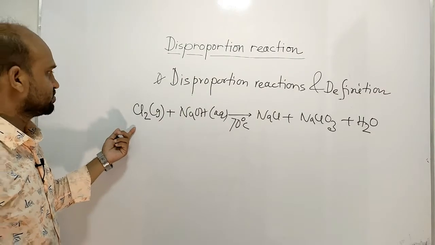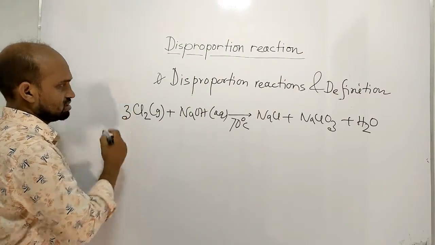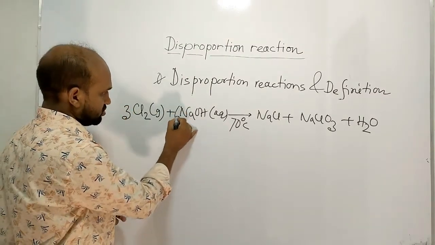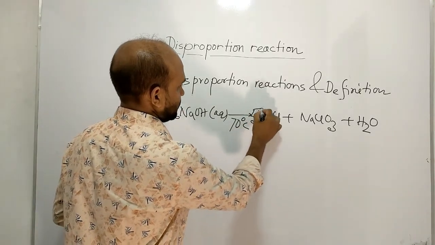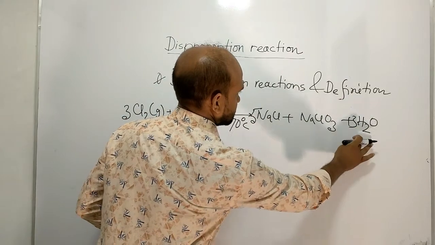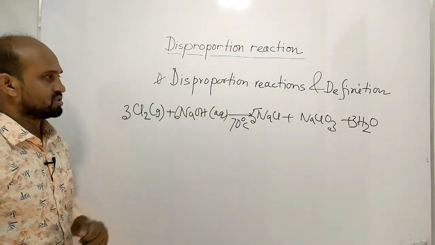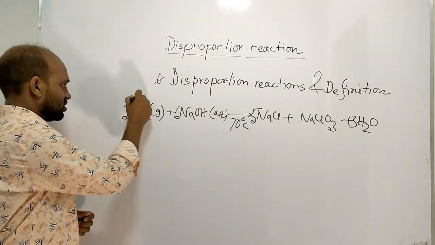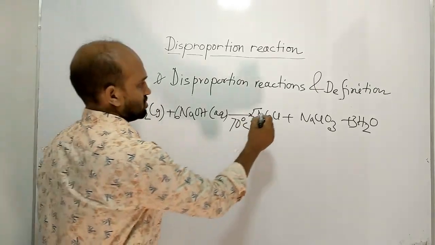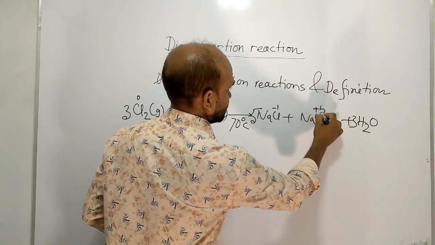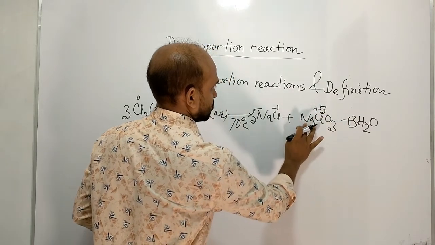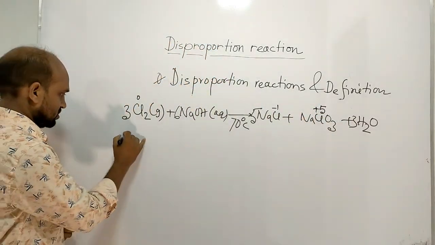If this reaction is balanced, then here 3 will come, here 6, here 5, and here 3. 6 hydrogen atoms, 6 hydrogen atoms. Now the oxidation number of chlorine here is 0, here -1, and here +5. 6, 1. So here +5.